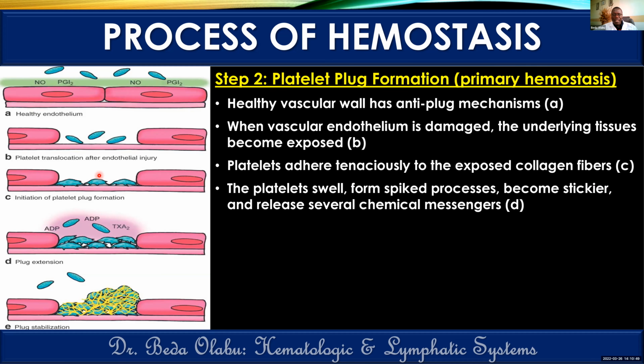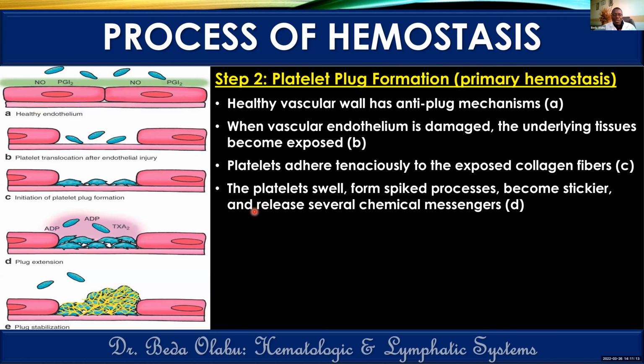Once platelets adhere to the exposed collagen, the platelets which are adherent become swollen, they swell. They also form spikes, which you can see in those three that are shown there. And this makes them even become stickier than they were before.